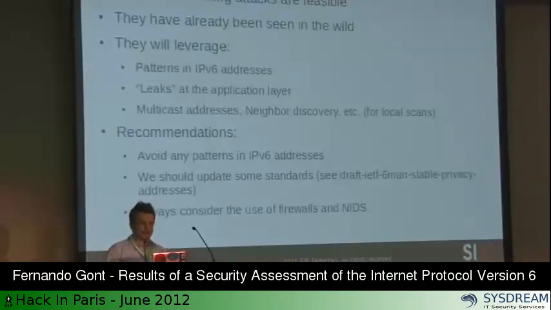And also, for local networks, there are a variety of techniques that you can employ. For example, using multicast addresses, exploiting neighbor discovery, or exploiting other protocols such as multicast DNS or link-local name resolution in Windows systems, and so on. So there's lots of work to be done in this area.